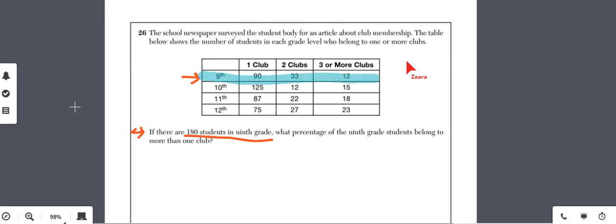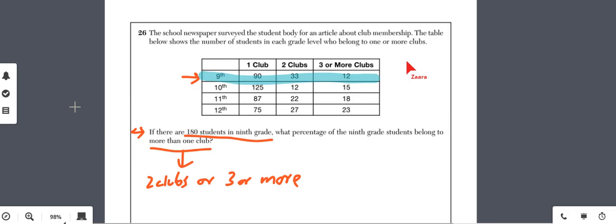What percentage of the ninth grade students belongs to more than one club? Keep it in your mind. More than one club means they belong to two clubs, or three or more, right?